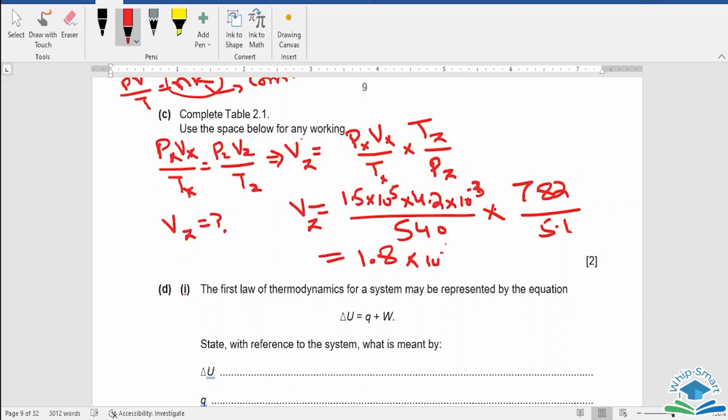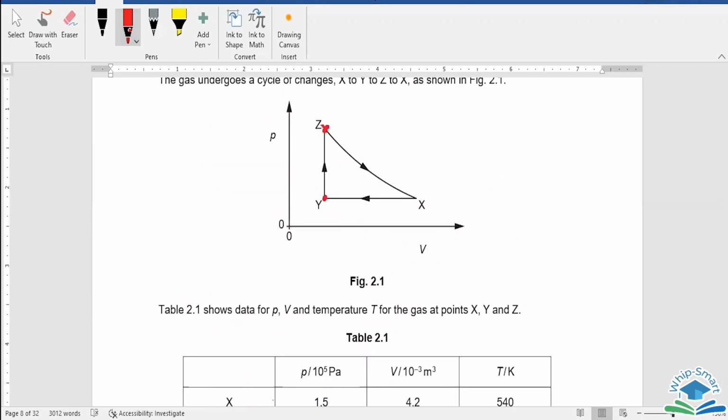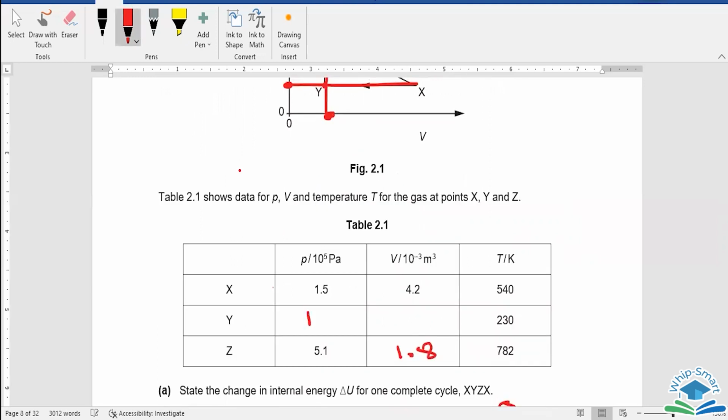By using a calculator, we get 1.8 into 10 power minus 3, which will be the value of Vz. Here we will write 1.8 as the value of power is written on top. Let's find the remaining values. If we look at Z and Y, they're the same point at x-axis, which means that the value of volume for Y and Z are same. For X and Y, the value of pressure is same. So we will write 1.5 here, and we will write 1.8 here.